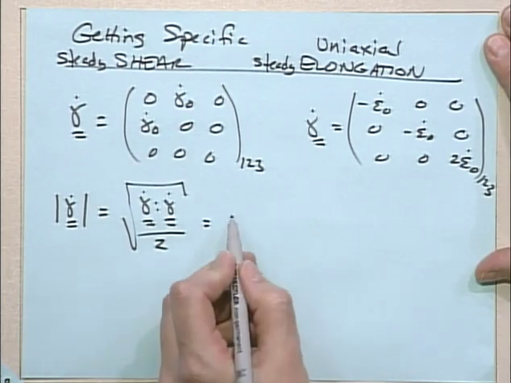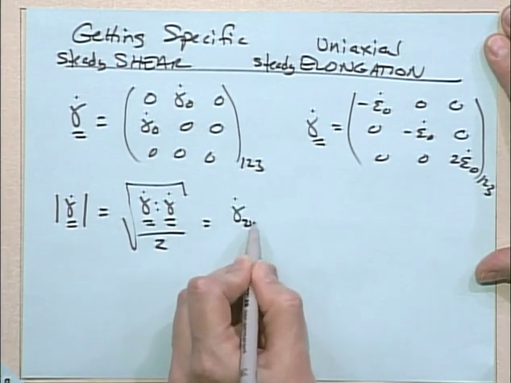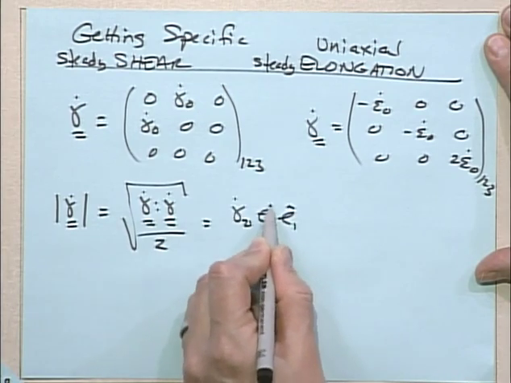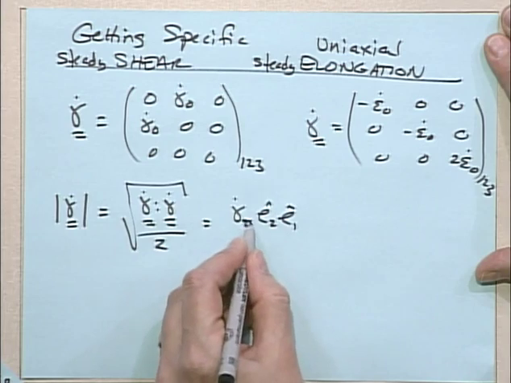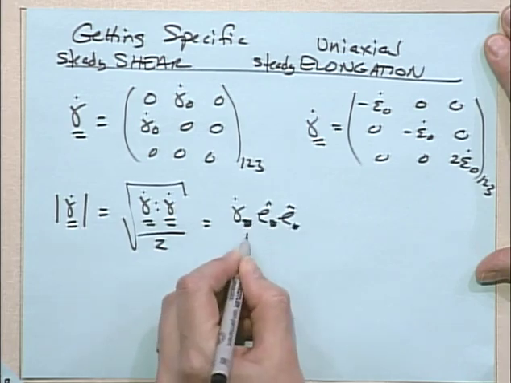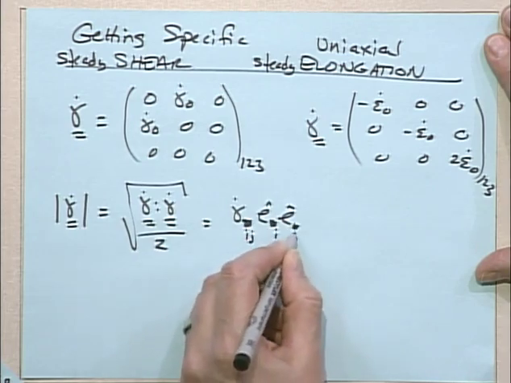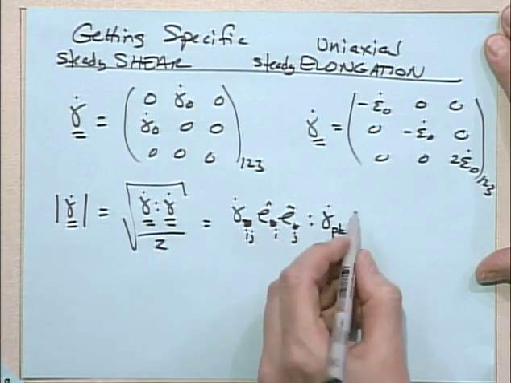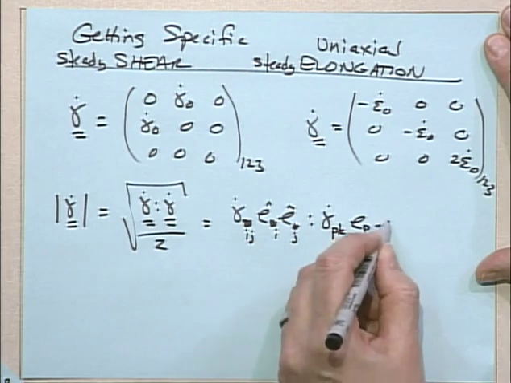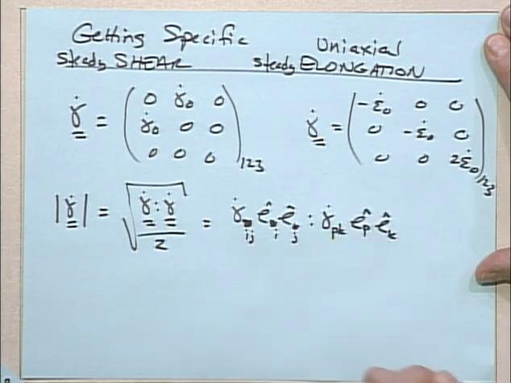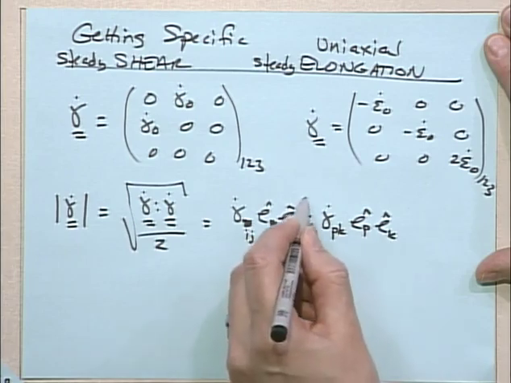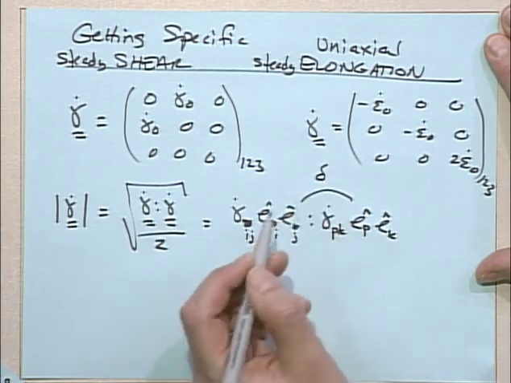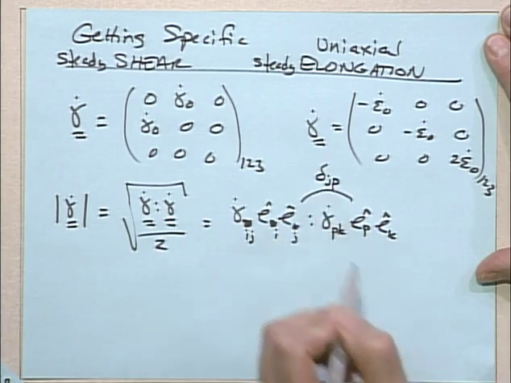So Einstein to the rescue. Gamma dot ij, ei ej, double dot gamma dot pk, always starting over with new letters, ep ek. And the double dot was to dot the 2 nearest, so that's delta jp.